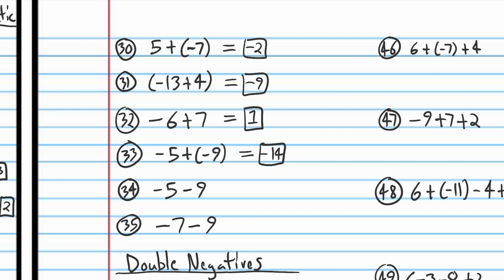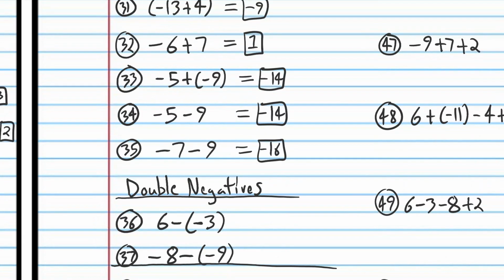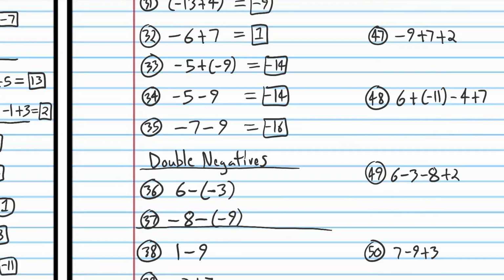And I don't need to state all these as I go along here. So if you got those answers, good job. And we have our double negatives. 6 plus 3 is 9. -8 plus 9 is 1. Make sure you rectangle all your answers. If you don't rectangle your answers, then you're not doing it correctly.